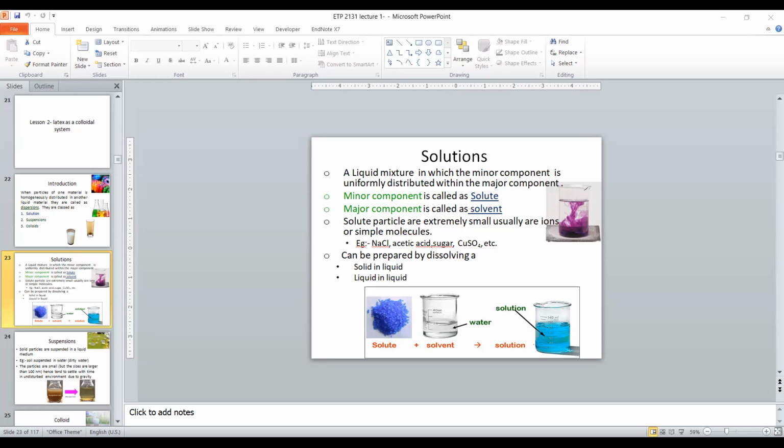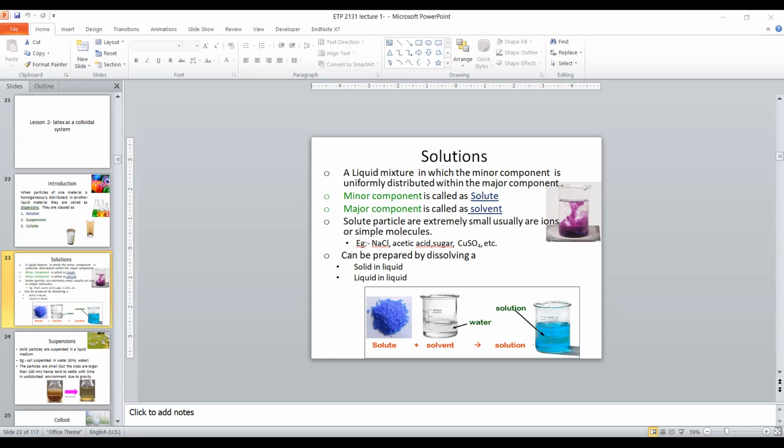Usually these particles dispersed inside the solvent are insoluble. They are usually insoluble particles, and even under normal conditions, they are inseparable by filtering. Why? Size is still small. Only suspensions can be separated through filtration.